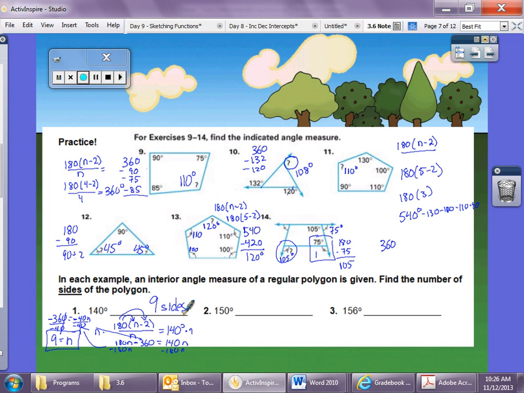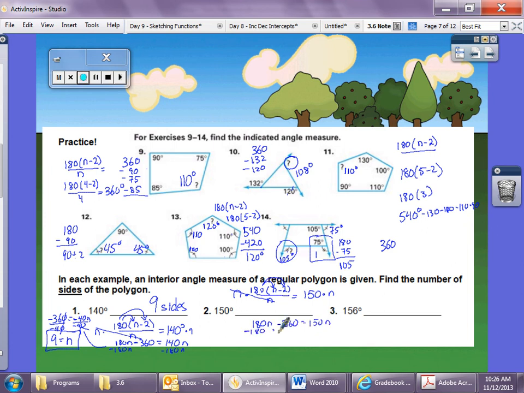Now if it's 150 degrees, we use the same formula. So we have 180 times n minus 2 divided by n equals 150. We distribute and multiply both sides by n, so they cross off. So now I have 180n minus 360 equals 150n.